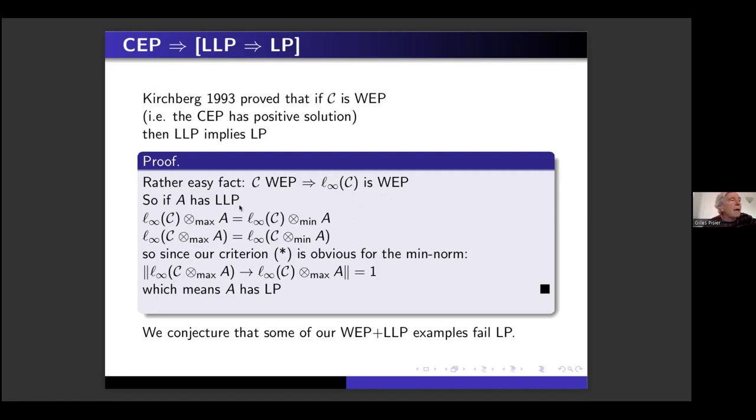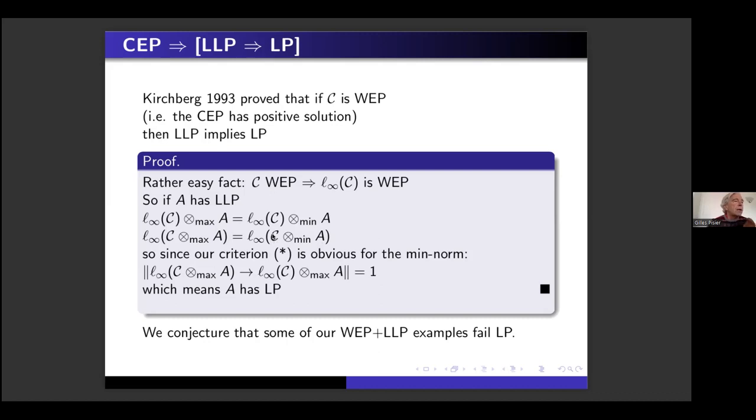So if A has the LLP, the pair (A, L infinity C) is nuclear, because L infinity C, that's our assumption, is going to be WEP. So we have this first identity: you see, min and max coincide on A tensor L infinity C. But also the single pair (A, C), C itself is WEP, we remember that.